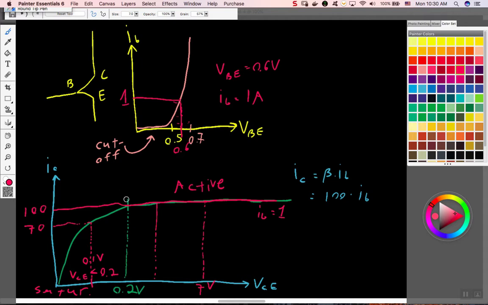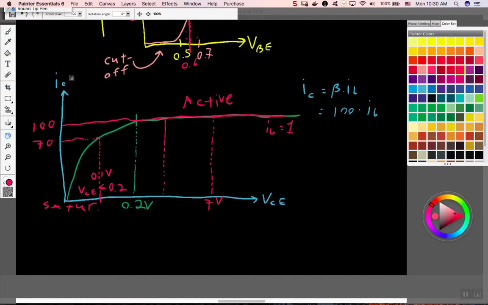So you can see that it's a straight line. When IB is equal to 1, if VCE is bigger than 0.2, no matter how much you increase VCE, IC is just going to be 100 IB. But if VCE is less than 0.2, and that's the saturation region, then IC is going to be various values that are less than 100 times IB.